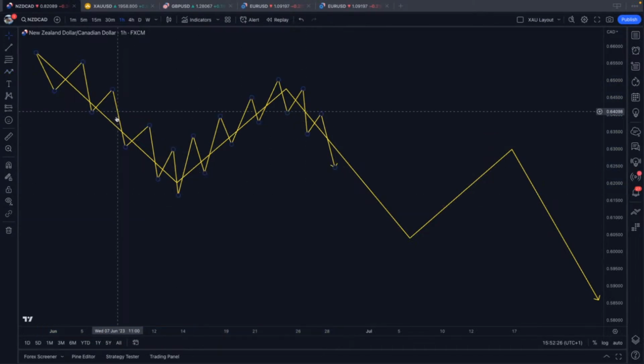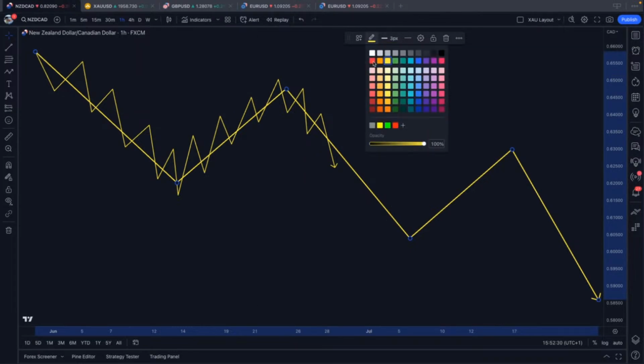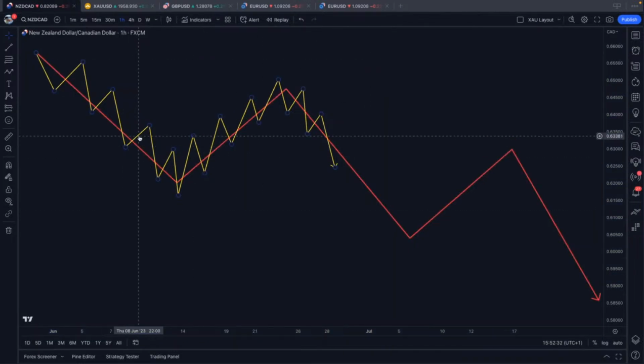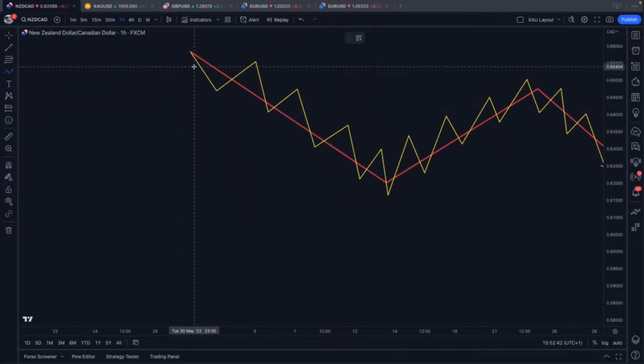Yeah, so if we were to mark this out as a 4 hour time frame, this is a 1 hour, and then we would have the 15 minutes. So then even within each one of these, we would also have more structure. So we'd have another. You know what I mean?